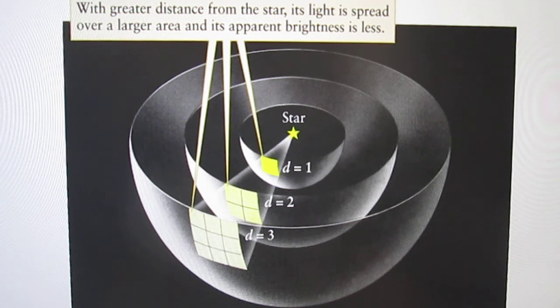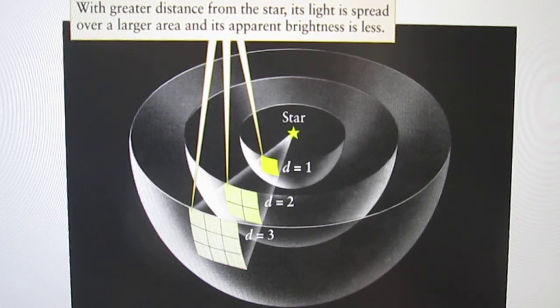So you get 4 squares of less brightness. At distance 3, 1 over d squared, 1 over 3 squared equals 9 squares, each of which has less and less energy per square. This is the meaning of the dimming of light with distance.